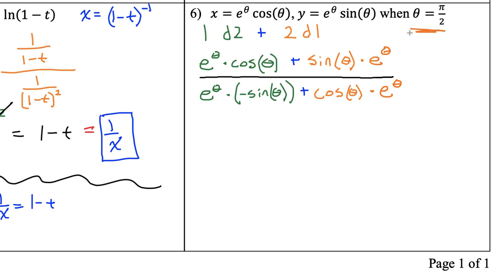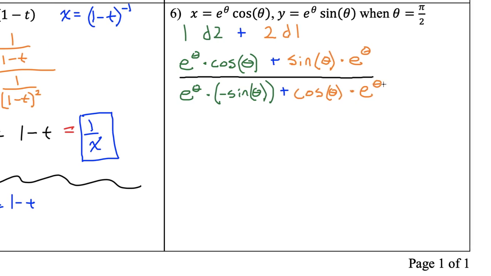Unless there's something else I can do, the only thing that I'm seeing, and I definitely want to do this because it will save me a ton of work, is I can factor out an e to the theta on the top. Notice that this term has an e to the theta, this term has an e to the theta, this term has an e to the theta, and this term has e to the theta, which means I can factor out that e to the theta.